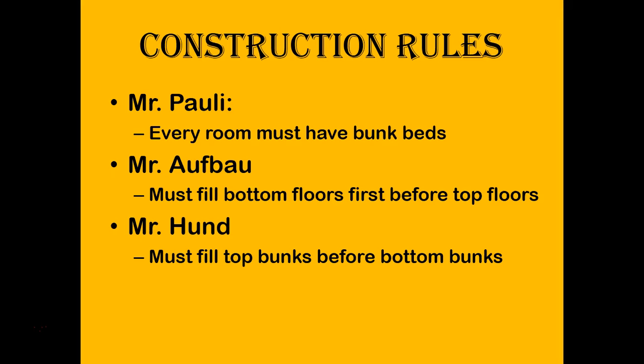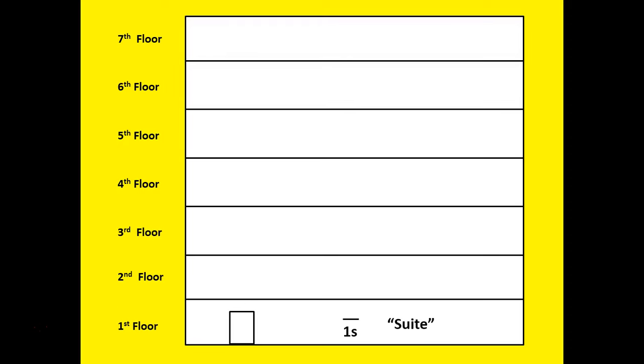So these three crazy guys, this is their idea, and they go through and build a hotel. I'm going to talk about the construction of the hotel, from the bottom up. It has 7 floors. On the first floor, it has a suite.